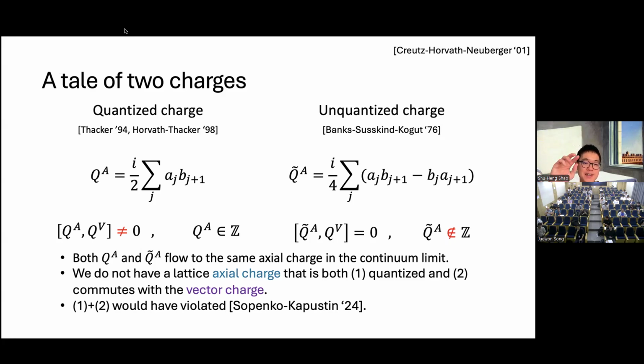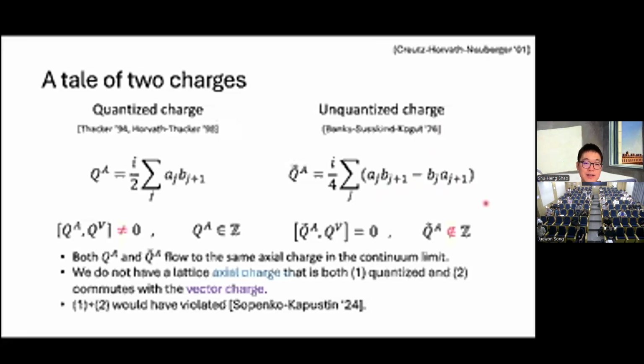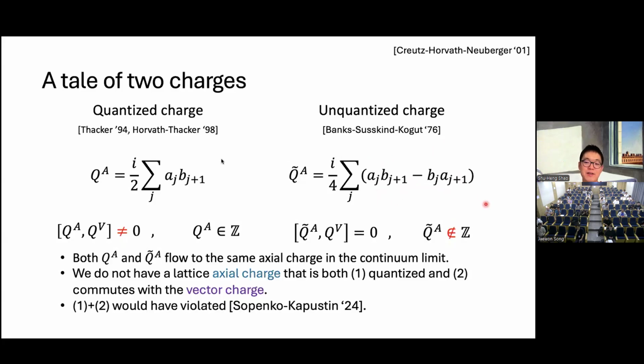So what they did is that they actually wrote down the density, the local term here, of Q tilde A on the lattice. But they somehow didn't think about it as an axial global symmetry. They didn't think about it as an axial charge. They talk about the current.